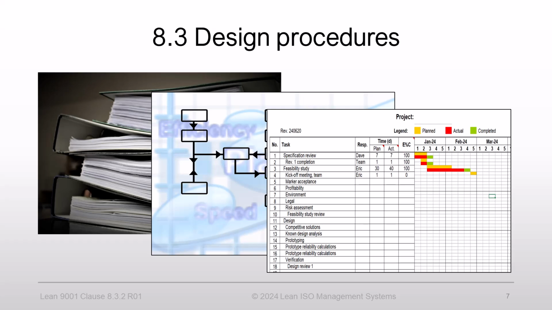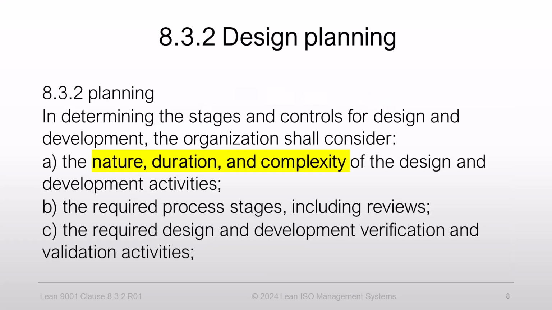Now, you may wonder what all this story has to do with the 8.3.2 clause, design planning. It's straightforward, folks. The Gantt chart addresses all the requirements of this planning subclause. Take a look. The nature, duration, and complexity. Process stages, including reviews. Verification and validation activities.